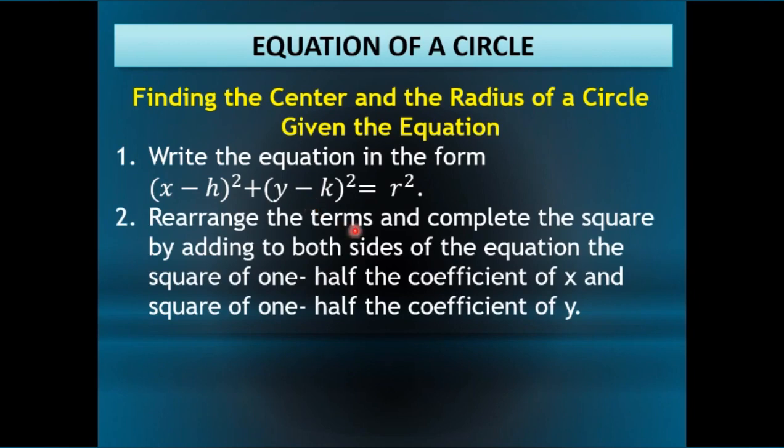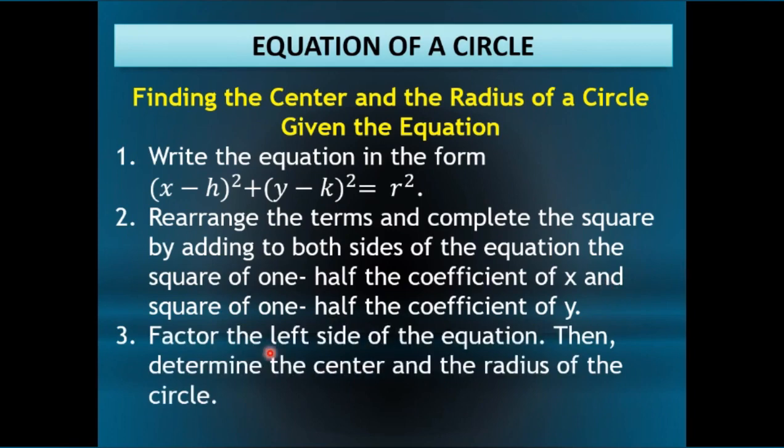And then we rearrange the terms and then complete the square by adding to both sides of the equation the square of 1/2 the coefficient of x and the square of 1/2 the coefficient of y. So we'll just be recalling the process of completing the square. And then lastly, we factor the left side of the equation and then determine the center, or the h and k, and the radius of the circle.